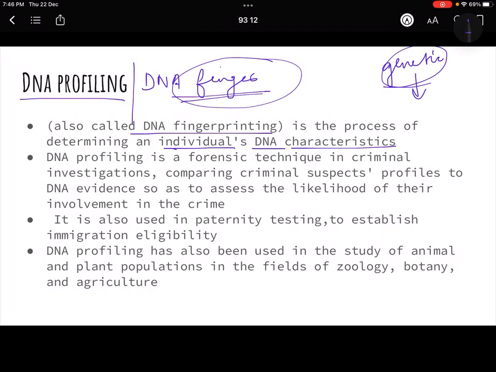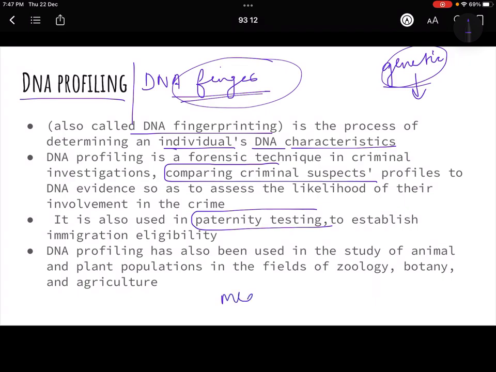So thereby, its application: this is one of the most revolutionary technologies in the field of genetics, because we use it in finding out criminal suspects, right? In paternity issues, property disputes, any rape cases. If some female gets pregnant after a rape, to determine who the father is.